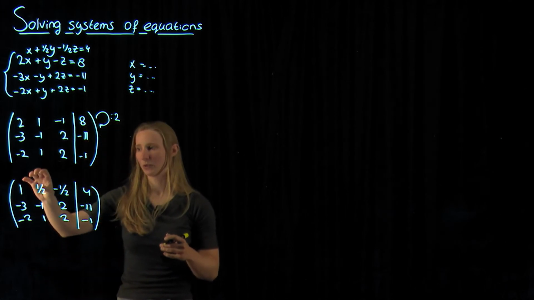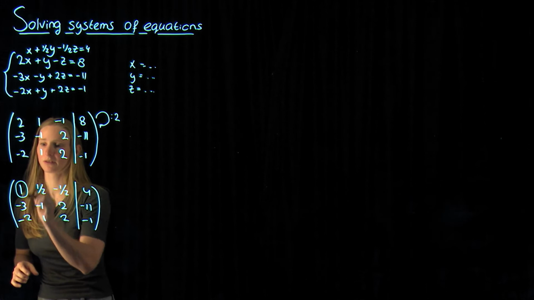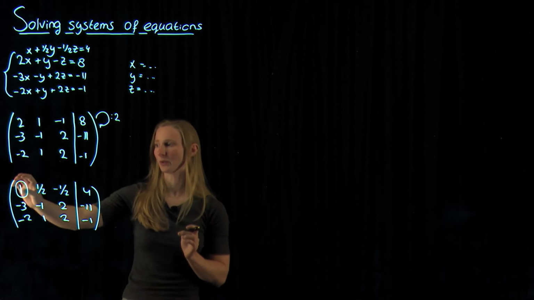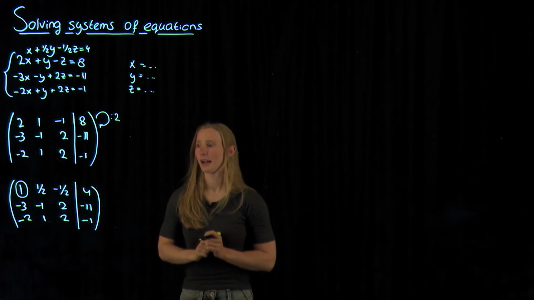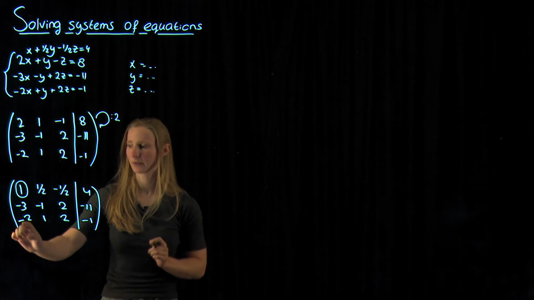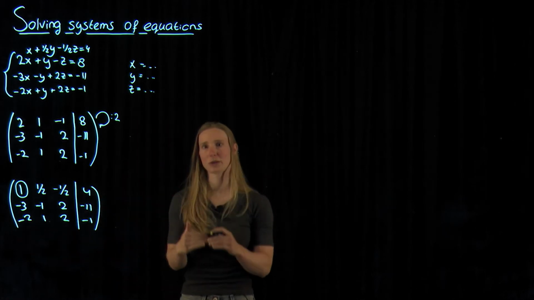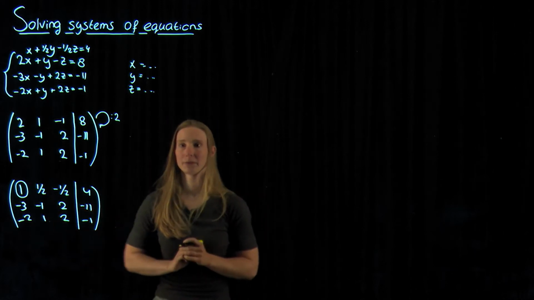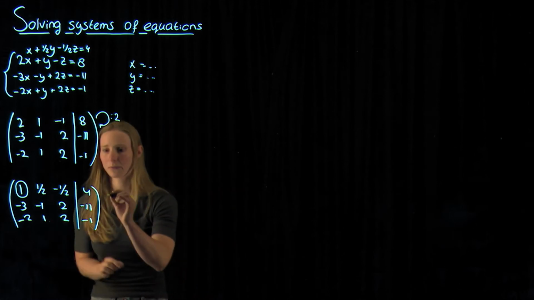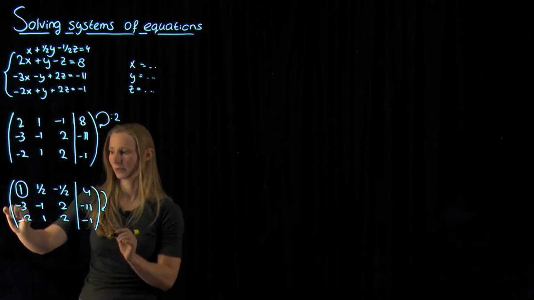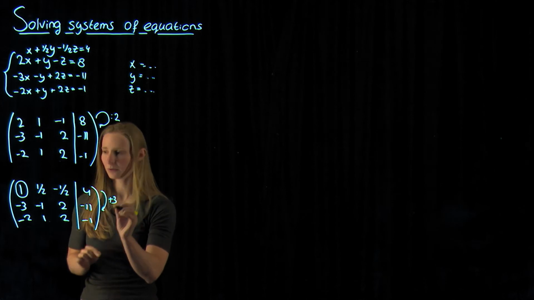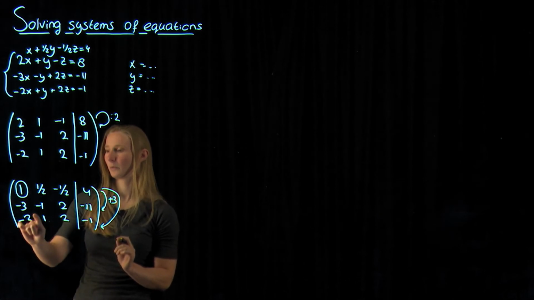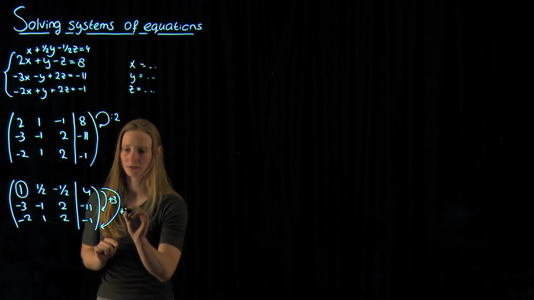We first set the top left item correctly, which we already did. It's a 1. Nice. Then we can get rid of these other 2 and change them into zeros. So we sweep down and make all of the other entries in the first column 0. How do we do that? We add the first row 3 times to the second row, and we add the first row 2 times to the final one.